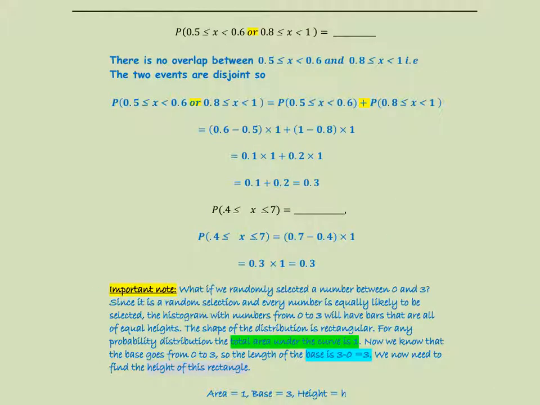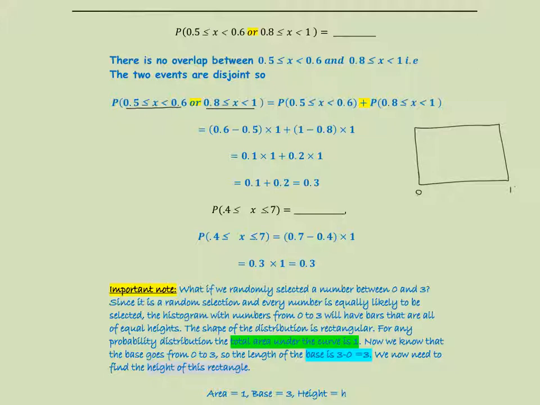The probability that we need to find next is the probability that a number lies between 0.5 and 0.6 or 0.8 and 1. So let's look at the two events. This is our probability density curve because we're picking a number between 0 and 1.